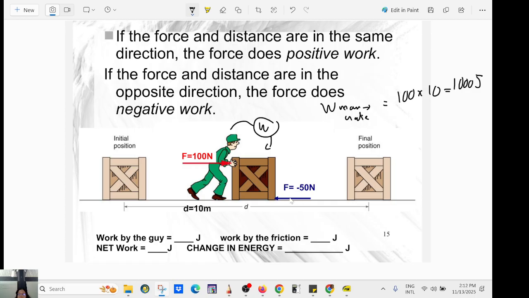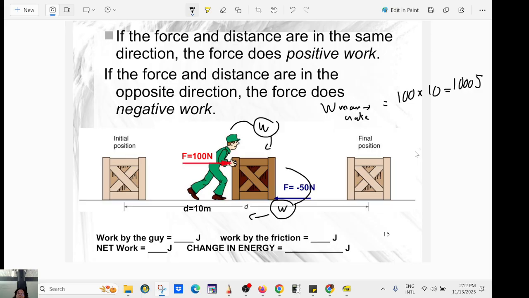Now, friction here is kinetic friction. So kinetic friction is doing the opposite. It's like taking money out of an account. You put money in from the job that you have, and friction is taking it away. It's stealing energy, trying to slow down the crate.